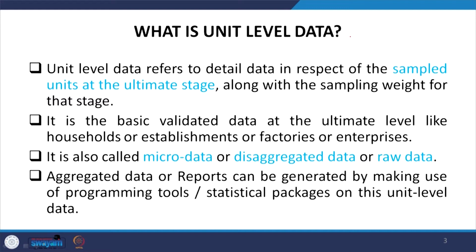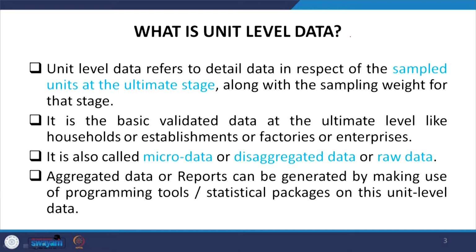Now, let me talk about unit level data. It is the basic validated data at the ultimate level, like households or establishments or enterprises or factories. So, usually in unit level data like NSS, the unit is household.